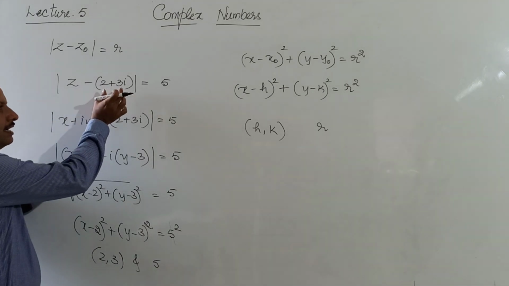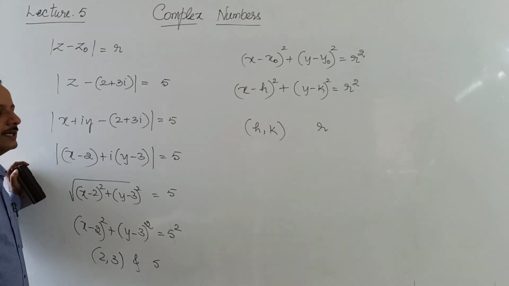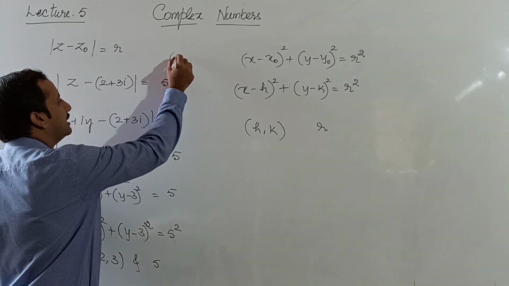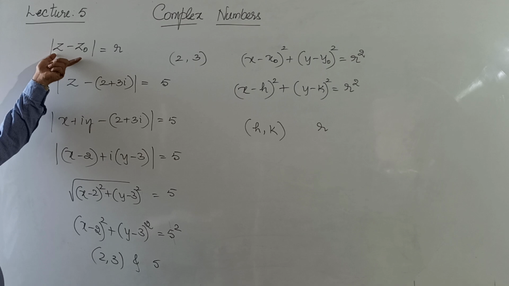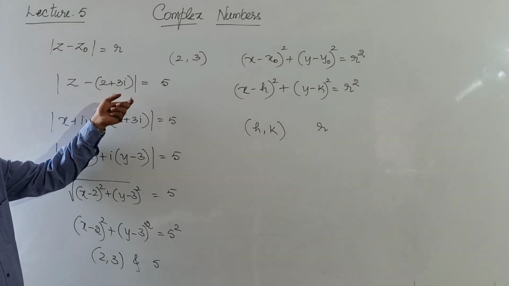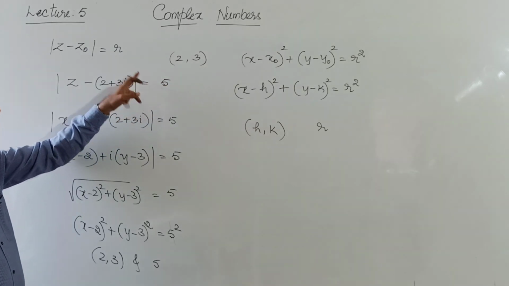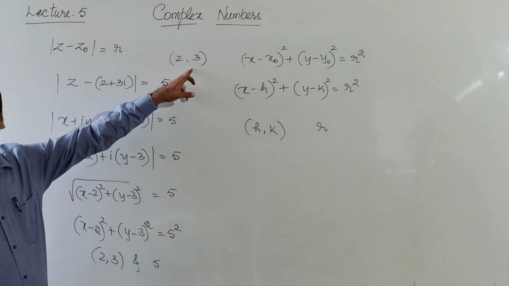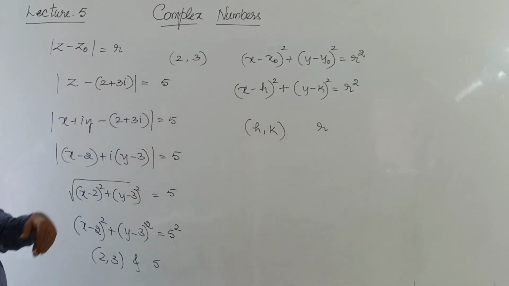Observe 2 plus 3i. 2 plus 3i is a complex number which, when represented on the Cartesian plane or the Argand plane, is represented by the point 2, 3. If I compare with this, z naught is 2 plus 3i, which is represented by the point 2, 3, and r is 5. So this represents a circle with the center at 2, 3 and radius 5. So remember this formula, it will be useful.